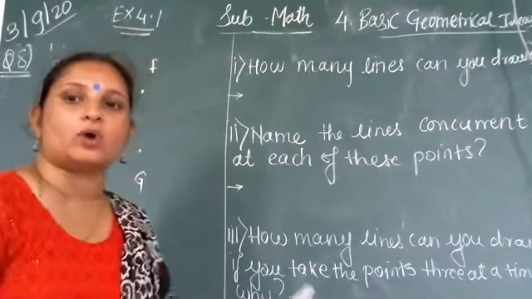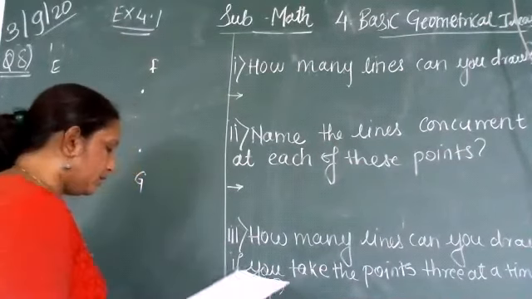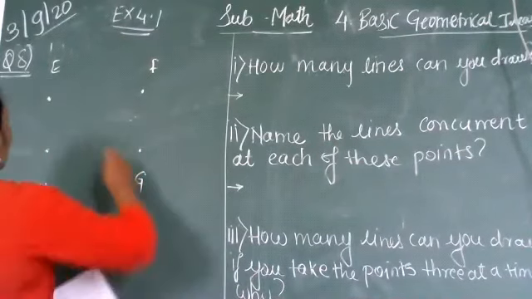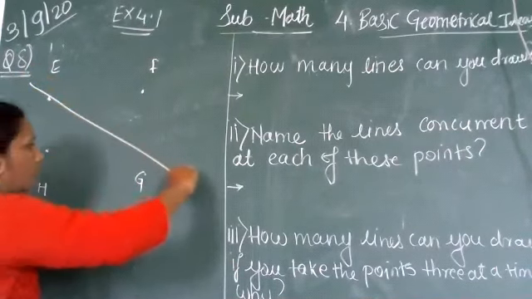So by taking 2 at a time, I need to draw the lines passing through them. First line I will draw, which will pass through these 2 points.